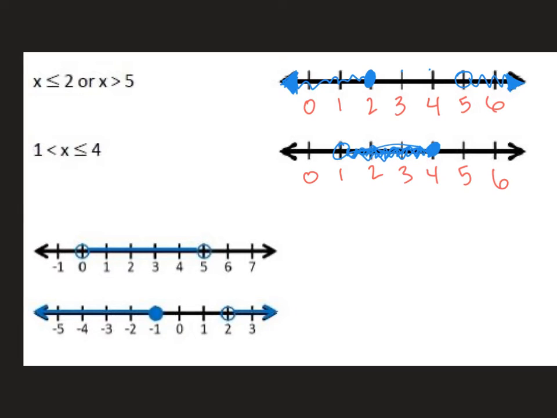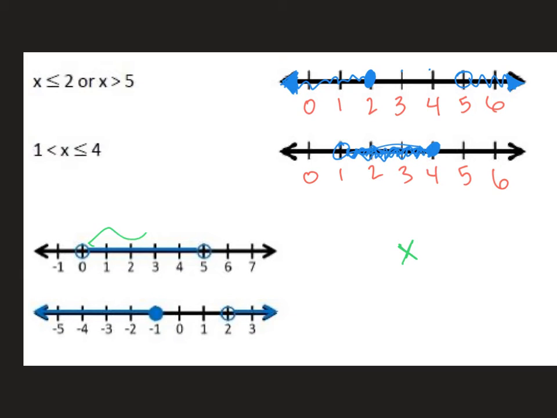So now we have to see a graph and turn that into a compound inequality. Here we can see it's an "and" inequality because it's graphed together. So we can start with x, or any variable you like. We almost always use x, right? It's going to be in the middle.